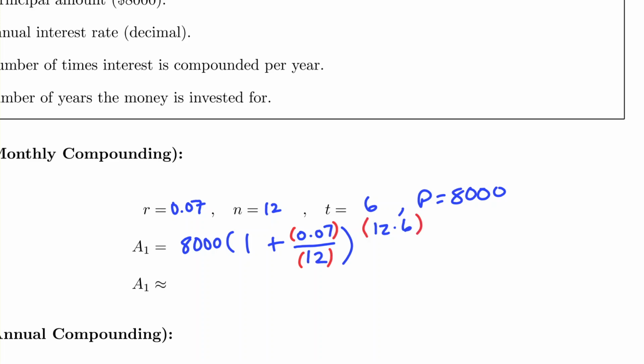I'm going to do parentheses around the exponent to make sure I keep these as an exponent. And if it helps me, I can write a common symbol for exponent, my exponent button, here. I know that I'm going to find this value first, then raise that to the exponent, and then take this overall value and multiply by 8,000. So let's do that in our calculator.